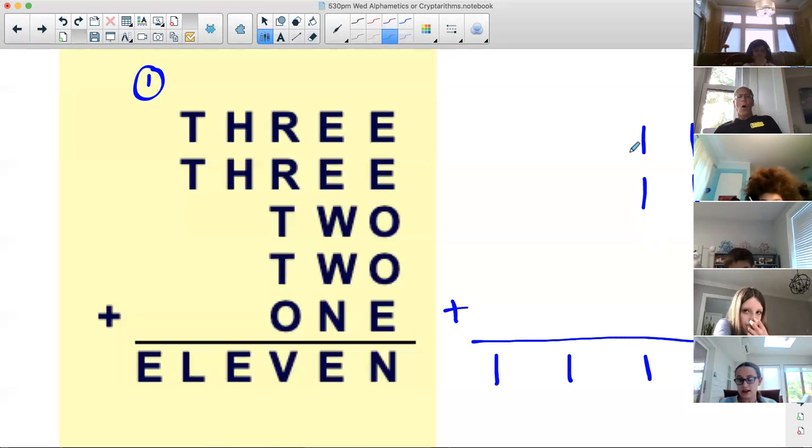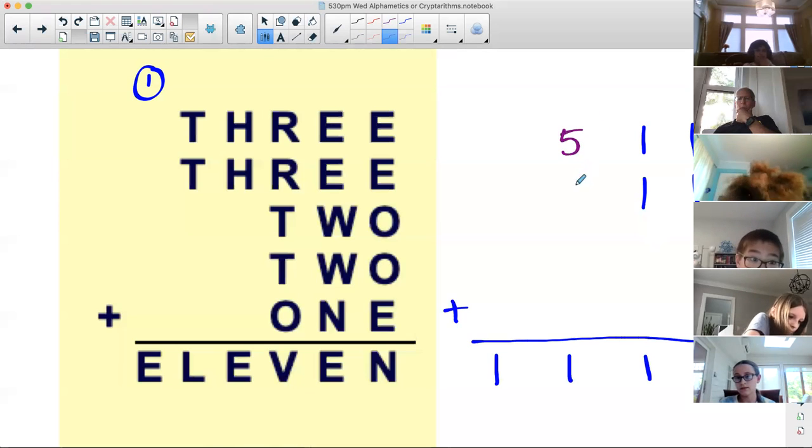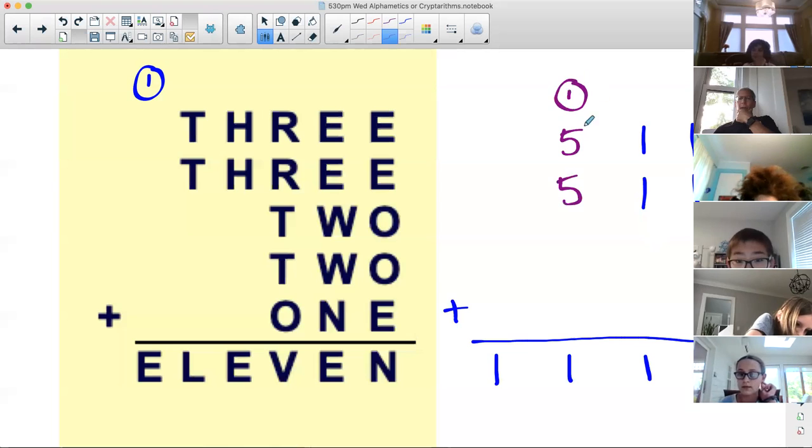So they must have a carryover from the one before that, and the only way for that to work is for the H's to be 5. Let me try that out. We have 5 and 5. We know we have to have a carry, which would also give a carry to the T's, and there are no other H's.